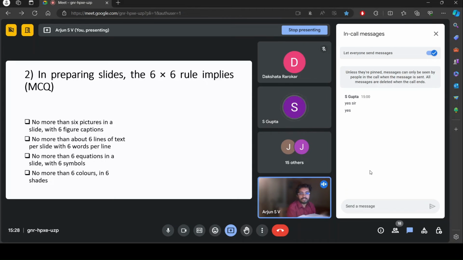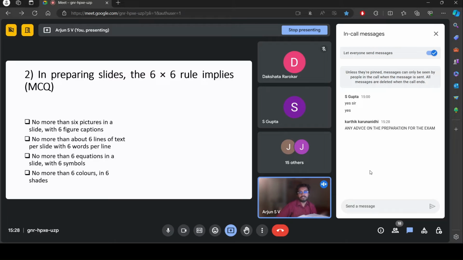Pictures, but I think that actually depends. The rule does not apply on images, but you must always take into account how much the observer or the audience can absorb in a minute. How much data from pictures can the observer absorb in a minute? Only depending on that can you prepare any slide.